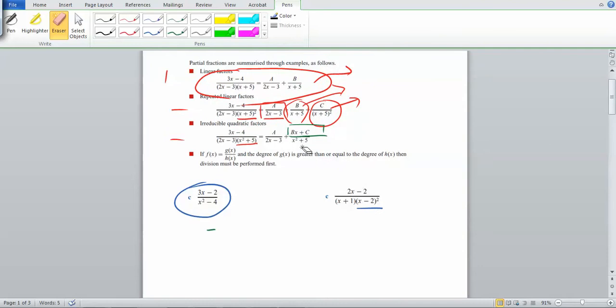So you'd be using this case here, where if you have a repeated factor, then we have two linear factors.